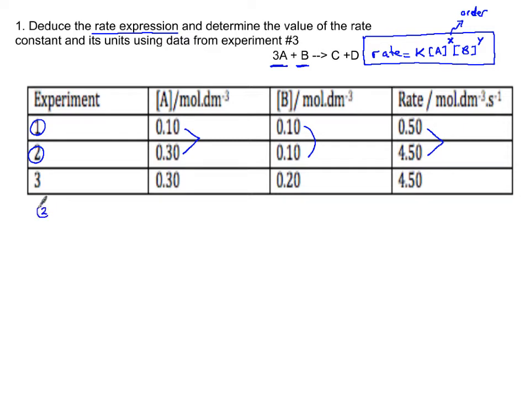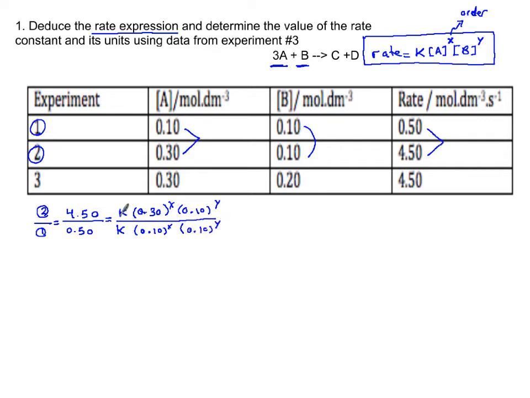So experiment number 2 divided by experiment number 1 is equal to the rate of number 2, which is 4.50, divided by 0.50, equals a constant k times the concentration of A, 0.30, raised to power x, times the concentration of B, 0.10, raised to power y, divided by the other rate, which is rate of number 1, k times 0.1 raised to power x, 0.1 for concentration of B raised to power y.